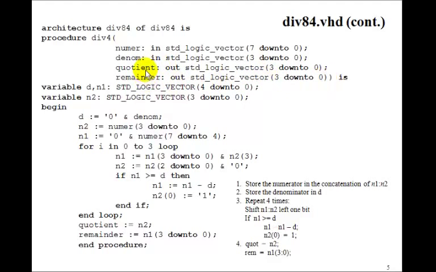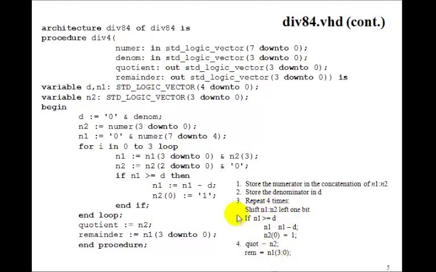But these are different quotients and remainders than in our entity for our 8-bit divider. So we have a variable d and n1. These are 5 bits, and n2 is 4 bits.